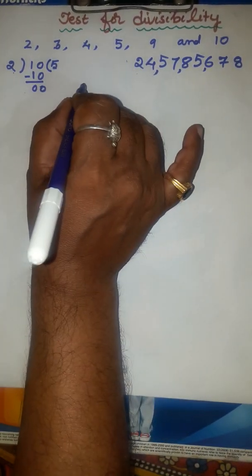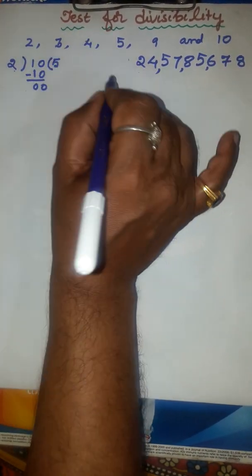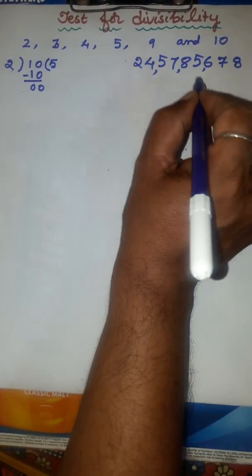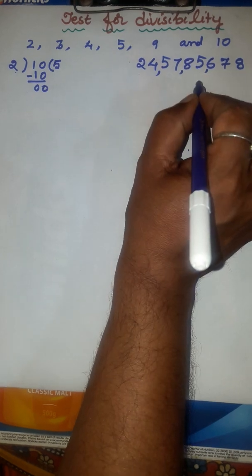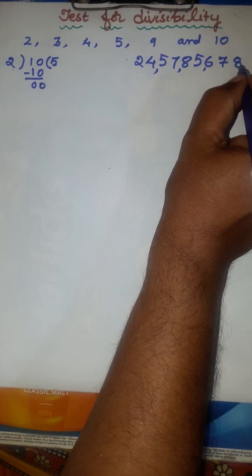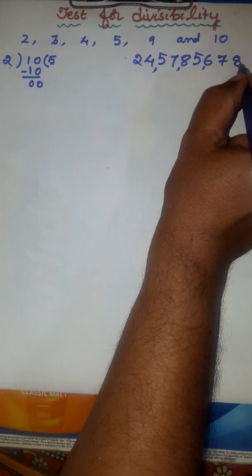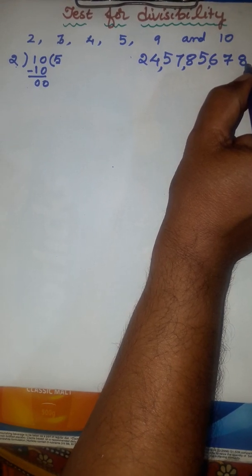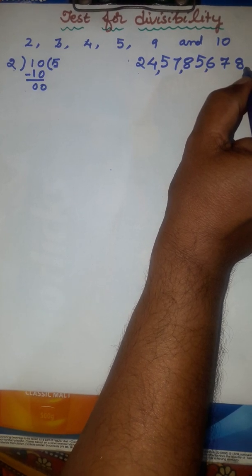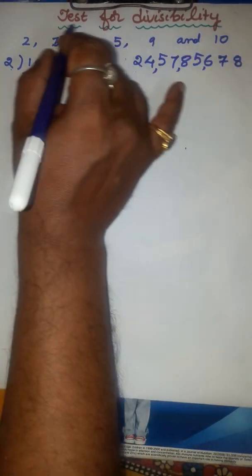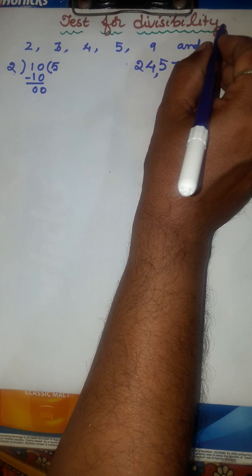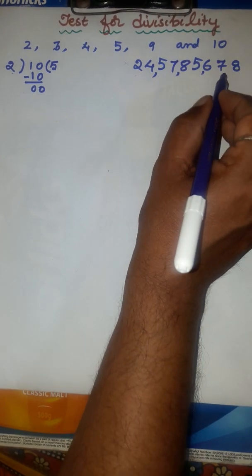These techniques are nothing but divisibility tests, which help us to know whether the given number is divisible without wasting the time. So we are going to learn these techniques by means of divisibility rules. In this heading, test for divisibility, you are going to learn divisibility rules.